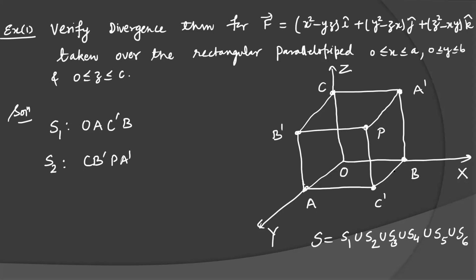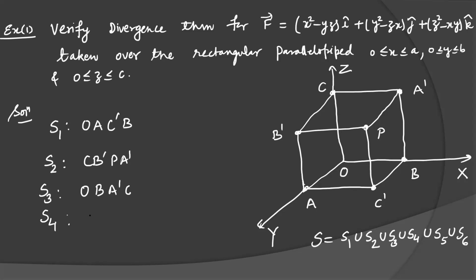This is the first surface S1 I am taking in the XY plane, downward. CB dash PA dash is in the XY plane, outside direction. S3 is OBA dash C. This is the back side, in the XZ plane.